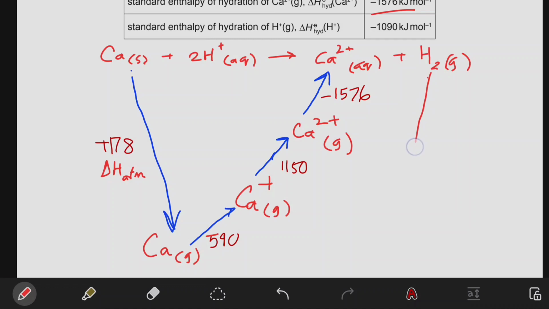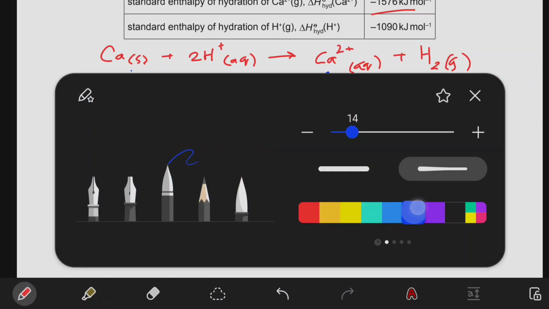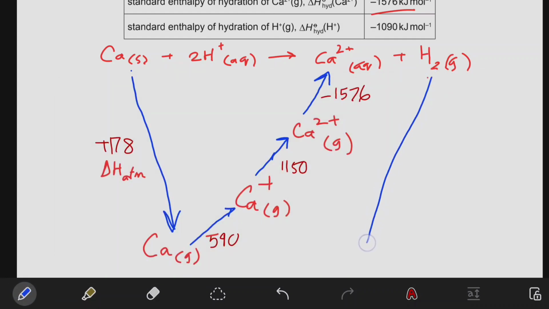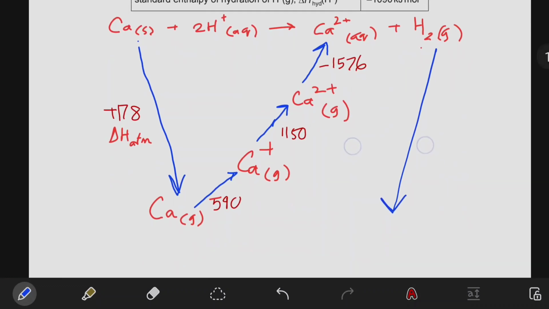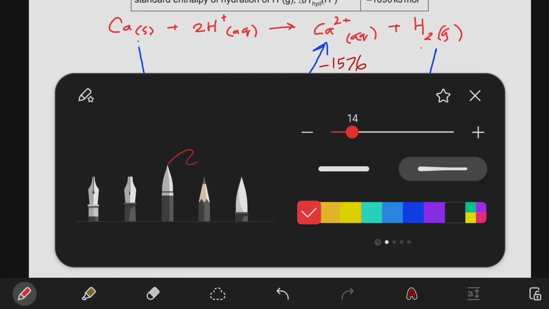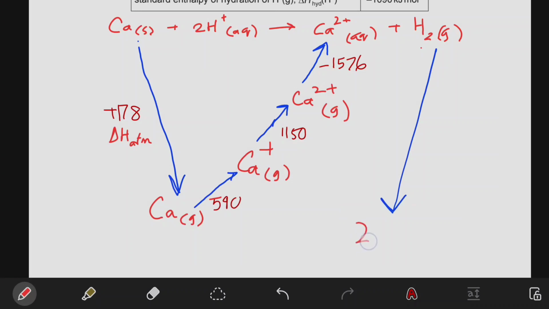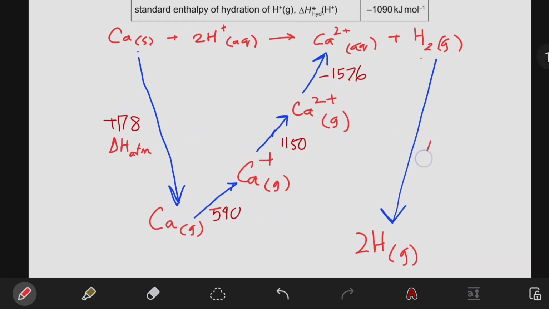So for that, we need to see the bond energy from the data booklet. It would become 2H gas, and the bond energy would be 436. Okay, and don't forget to write this 2.